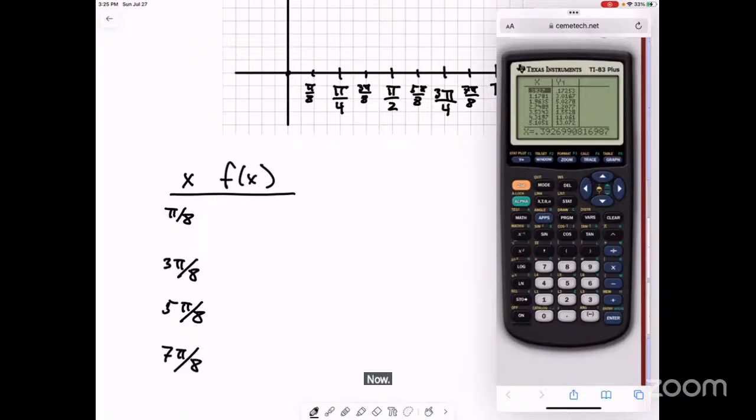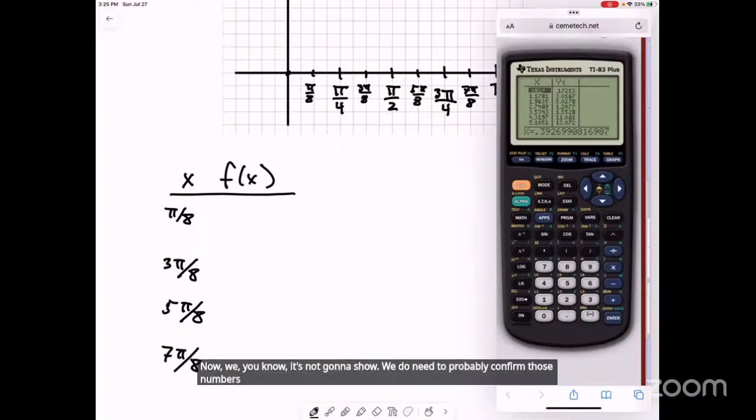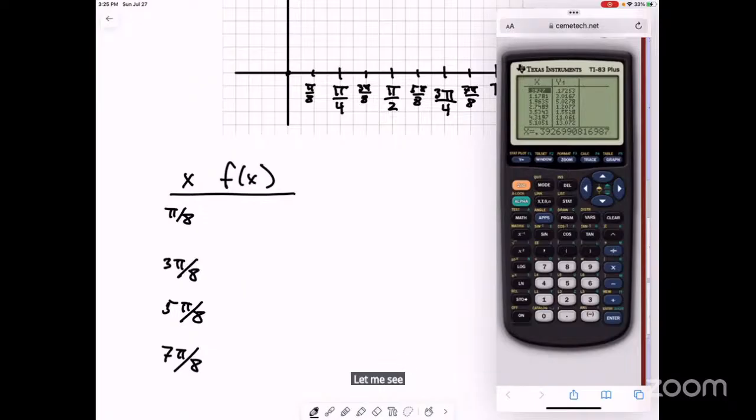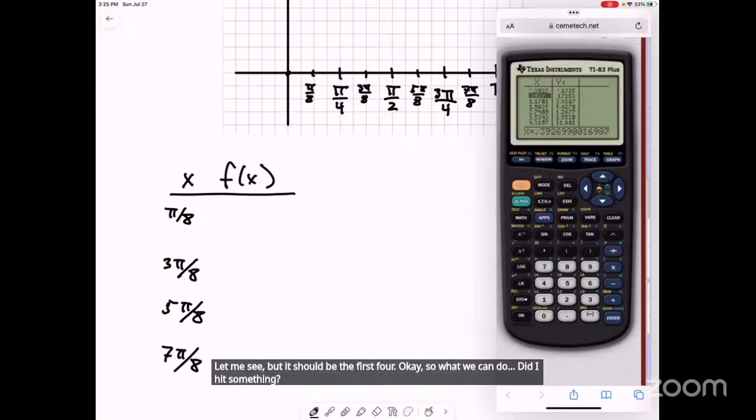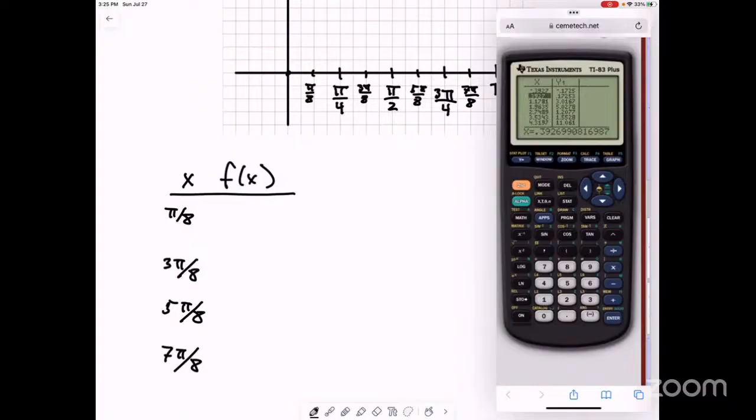Now it's not going to show. We do need to probably confirm those numbers are correct. It should be the first 4. Okay. Pi over 8, I think it's this one, right? Okay. Everything is just flying.